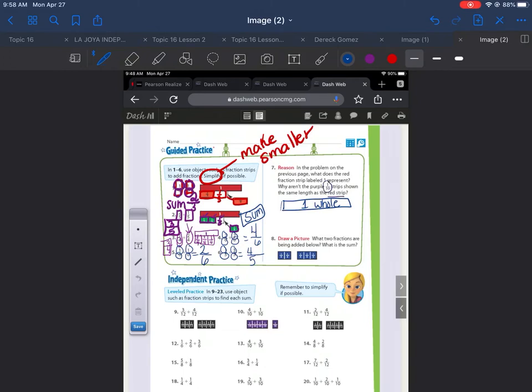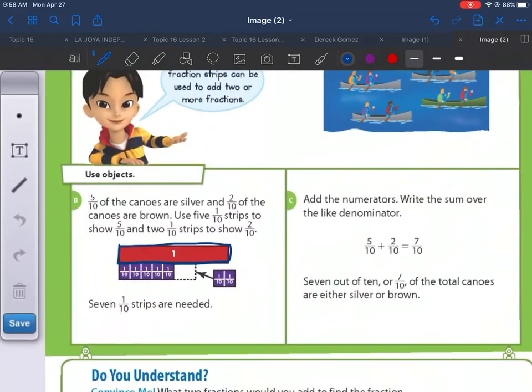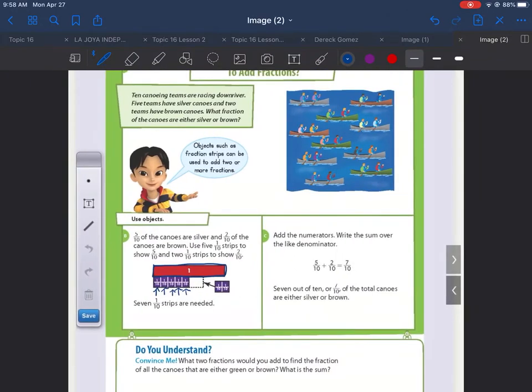Now, it also says, why aren't the purple 1/10 the same length as the red strip? Why are they not the same?